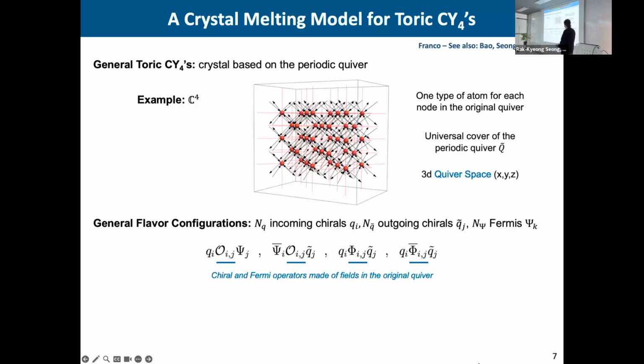Okay, so these are chiral and Fermi operators made of fields in the original quiver. Original means unflavored for me. And you have seen this quiver, for example, in Noshita's talk. That corresponds to, call it N and N bar here, the D8 and the anti-D8 branes here. General knowledge of a given toric Calabi-Yau for generic configuration of branes, which flavoring is given by the D6 or D4. Well, I would say a few things.